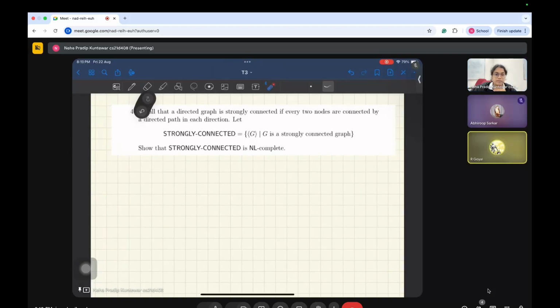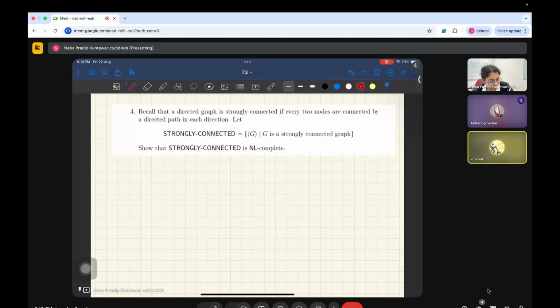So this strongly connected language is a collection of all the graphs wherein the graph itself is strongly connected. It would mean that from a vertex, we should be able to traverse to any other vertex. And we have to show that this is NL complete, and this would mean that first we need to show that this is an element of NL.